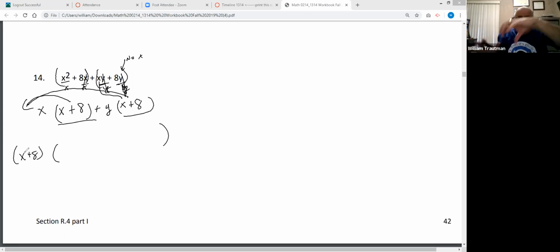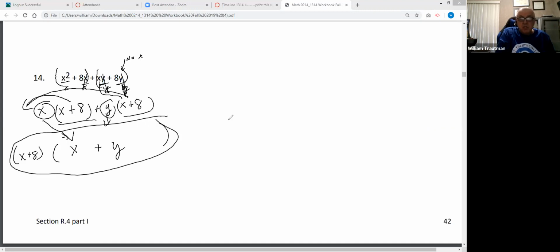We're dividing the x plus 8 out. When we take it out, what's left inside is the x and the plus y. This and this is left inside if I take the x plus 8 out. And that's my answer: x plus 8 times x plus y.